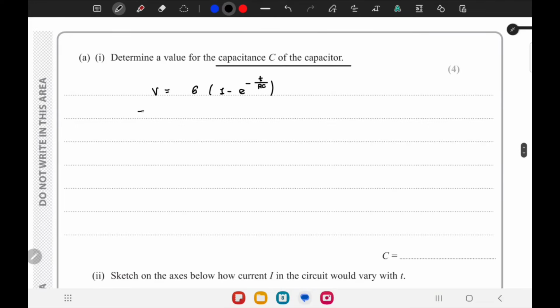So when the time is equal to the time constant, so t equals RC, we get the voltage to be 6 times (1 minus e to the power minus 1).